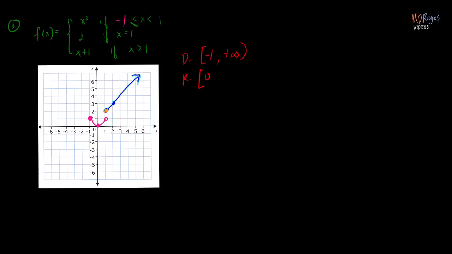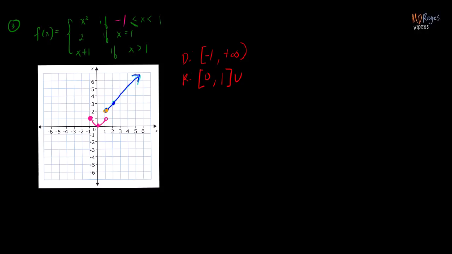So how do you write that in interval notation? So we start from 0 over here, and then we end at 1. 1 included because of that point. Alright? All the numbers in between 1 and 2 are not included in the range, but 2 is included, and so are all the numbers greater than 2 with respect to the y-axis.